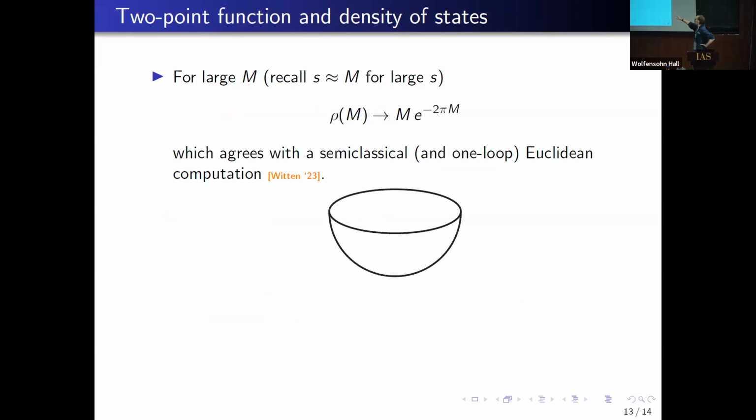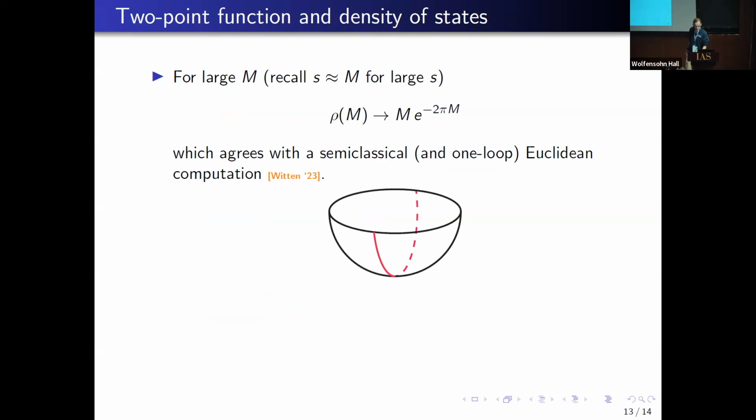Basically, if this hemisphere represents the Euclidean path integral you would do to prepare the no boundary state, we could also talk about what's the Euclidean path integral that prepares the no boundary state when there are two particles present. So in the classical approximation, we say that these two particles are at antipodes. So I've drawn them at antipodes here, and they can be connected by a geodesic.